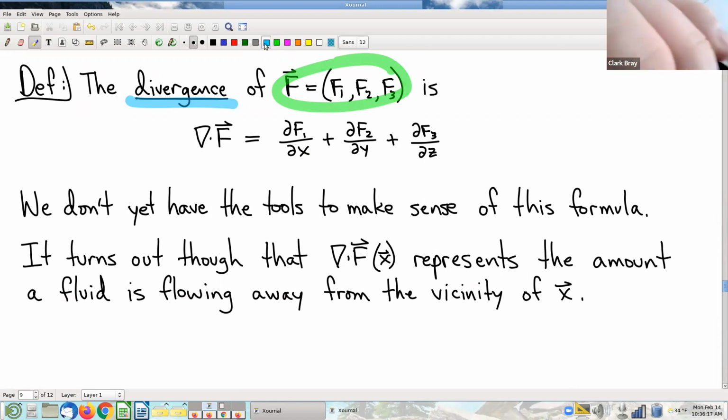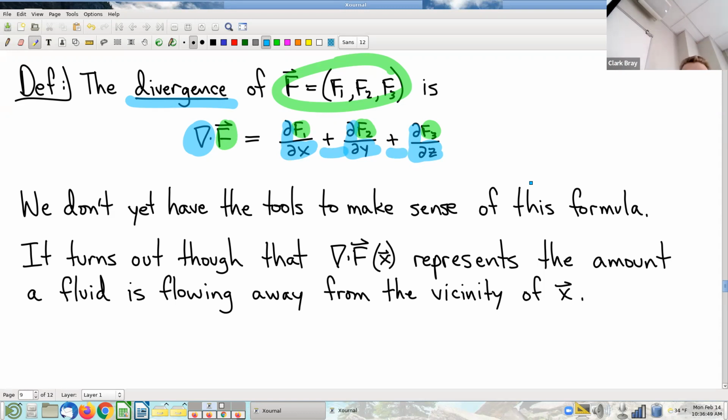Divergence is what you get when you do a dot product of the del operator with your vector field. Our vector field has these components F1, F2, F3. Divergence of the vector field means take these various partials and add them up.